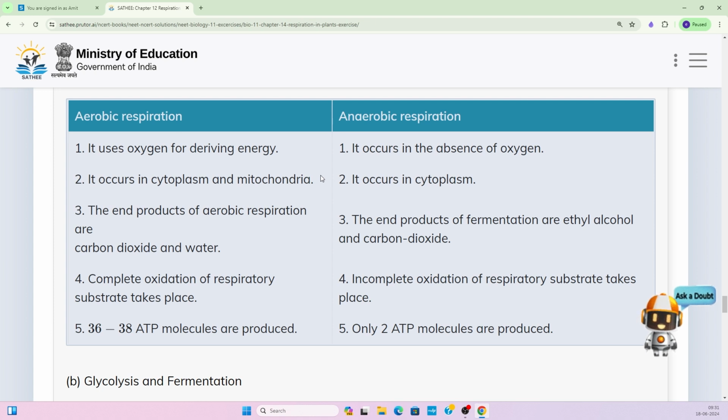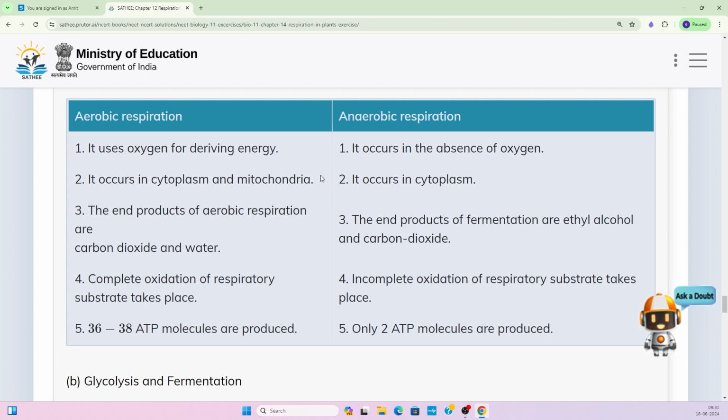Oxygen is required for deriving energy in aerobic respiration, and anaerobic respiration occurs in the absence of oxygen, which means no oxygen is required. Next, where does it take place? Aerobic respiration occurs in the cytoplasm and mitochondria.